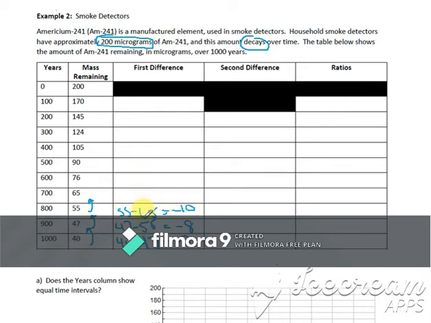And you keep going up: negative 11, negative 14, negative 15, negative 19, negative 21, negative 25, and negative 30. Remember, first differences will not have a value here. Second differences will not have a value for two rows.